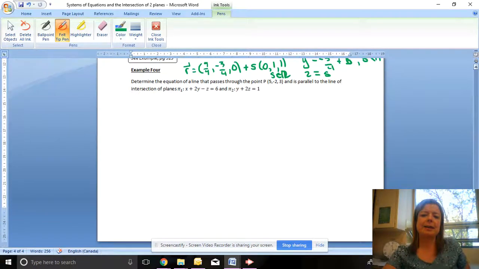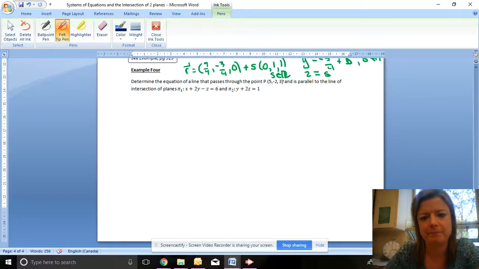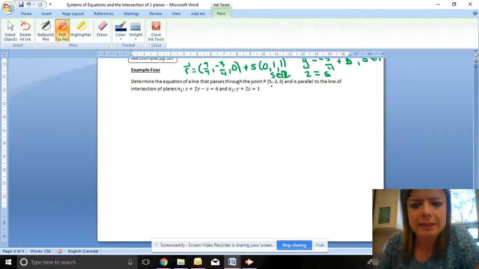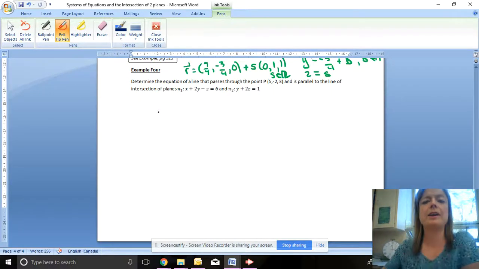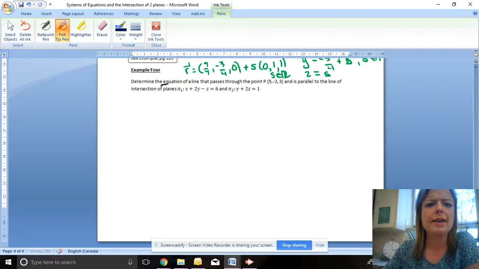Okay, last example is: determine the equation of a line that passes through the point 5, -2, 3, and is parallel to the line of intersection of these two planes. So notice that our ultimate goal here is the equation of a line.